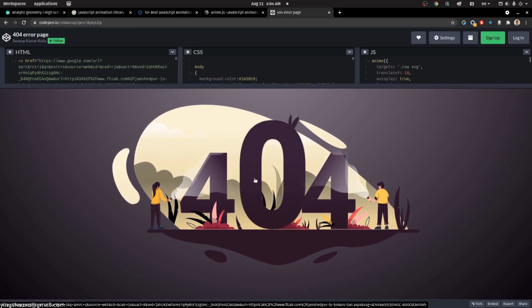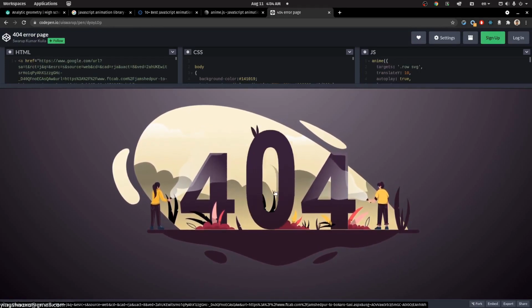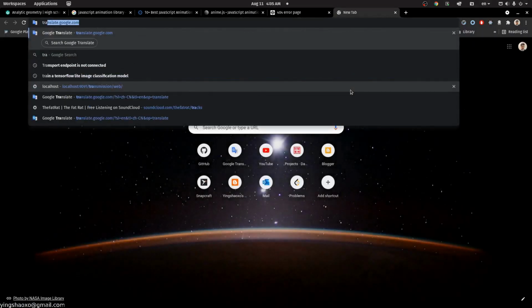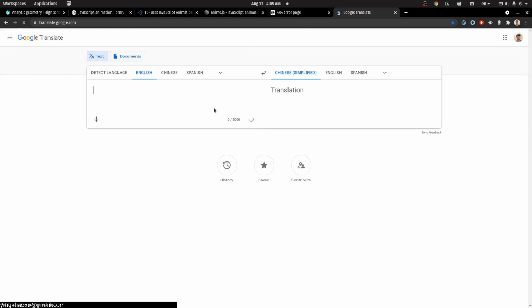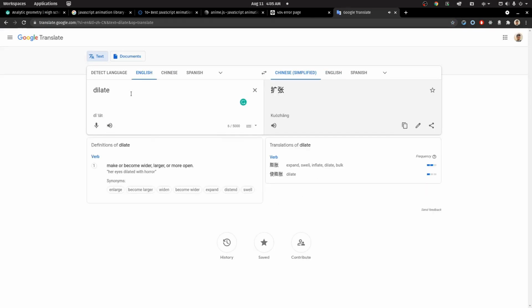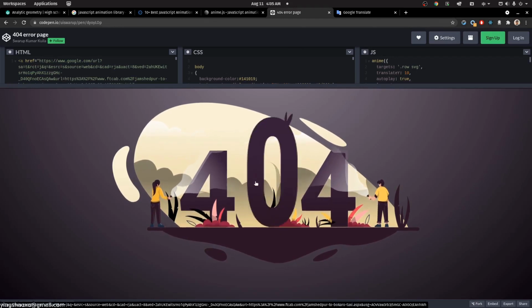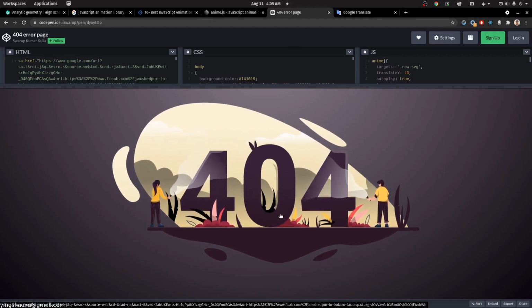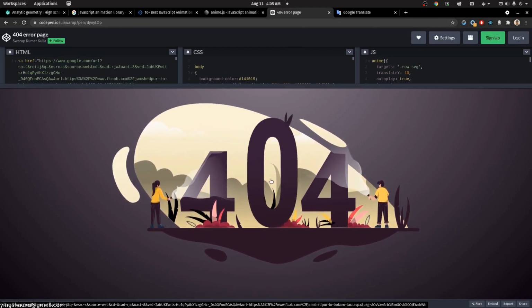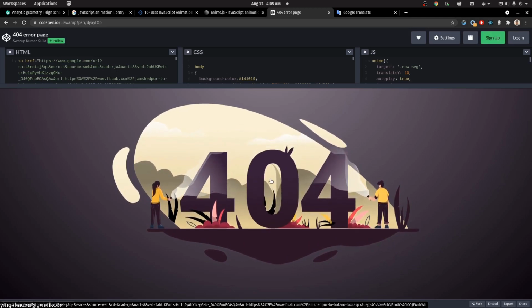For example, this one uses the concept of dilation, and probably shrinking or scaling down. It also uses the concept of mirror.